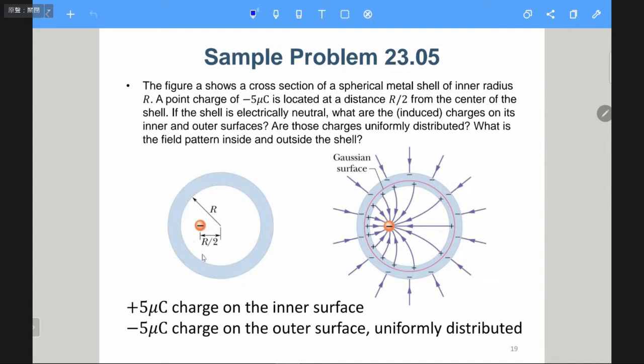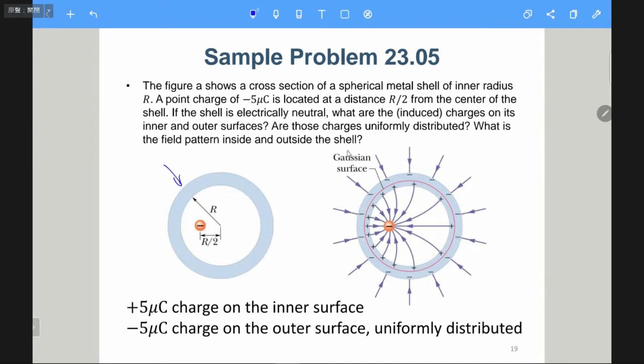The inner radius is capital R. A point charge of minus 5 microcoulomb is located at a distance R over 2 from the center of the shell. If the shell is electrically neutral, what are the induced charges on its inner and outer surface? Are those charges uniformly distributed? What is the field pattern inside and outside the shell?